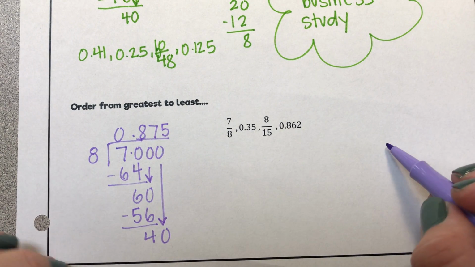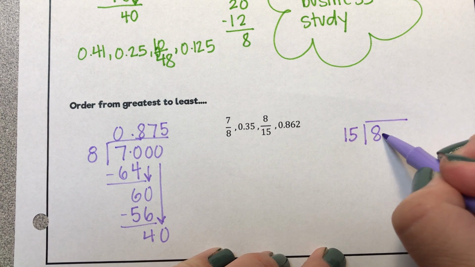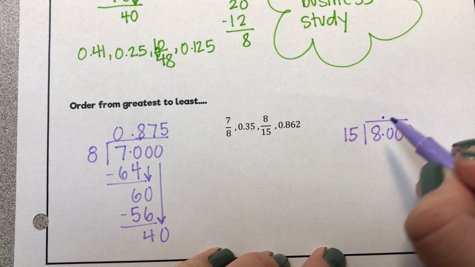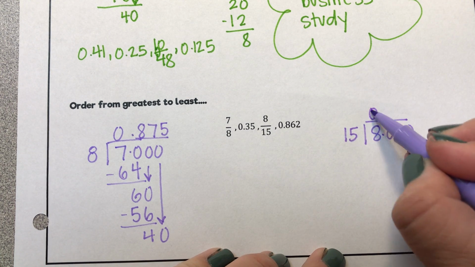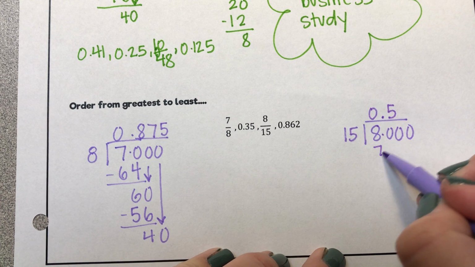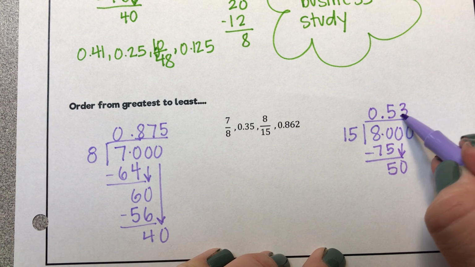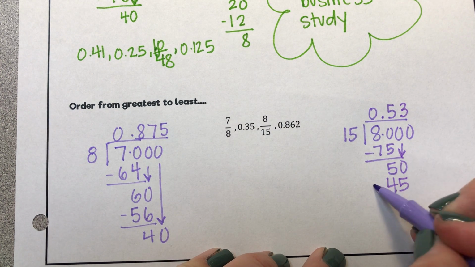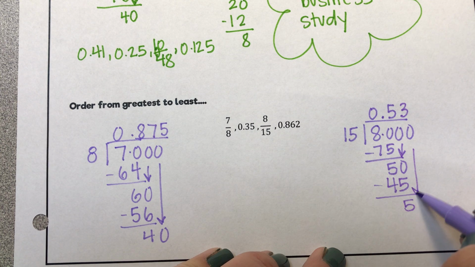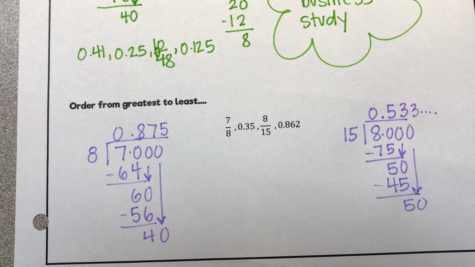And then I'm going to come over here and I'm going to do 8 divided by 15. So 15 does not go into 8, but it goes into 80 5 times. 5 times 15 is 75. 15 goes into 50 3 times. That's 45. Okay, and we can see that it's just going to keep going with repeating.